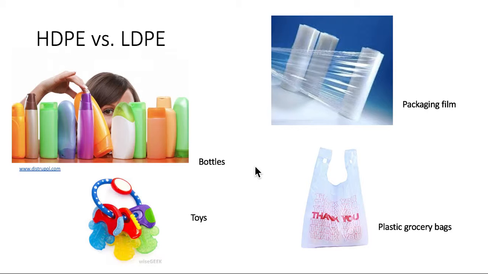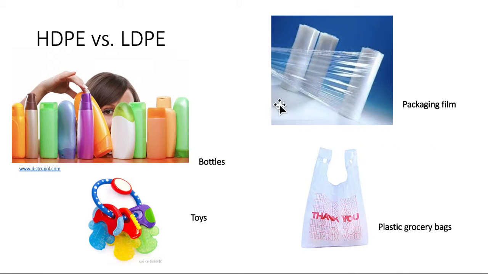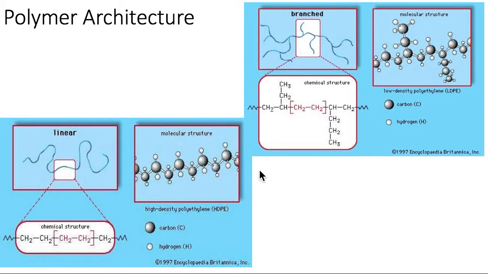So which one was the branch polymer? Let's go back. The branch polymer will be the LDPE. The branch polymer molecules cannot pack together as closely as linear molecules can. Which one was the linear molecule? The high density polyethylene.